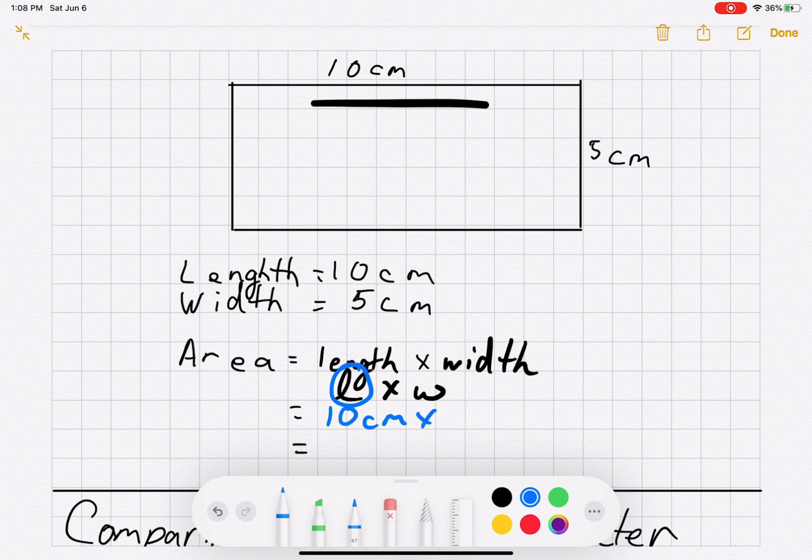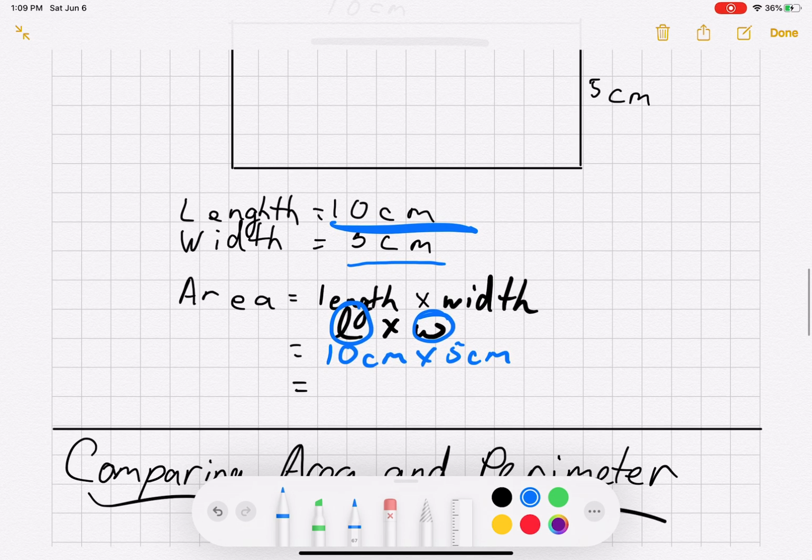I'm substituting the length in for that symbol, right? That's taking this spot. And 5 centimeters for width, substituting in for the W, and I multiply them together, and I have 50 centimeters squared. Remembering to put that in there, right?